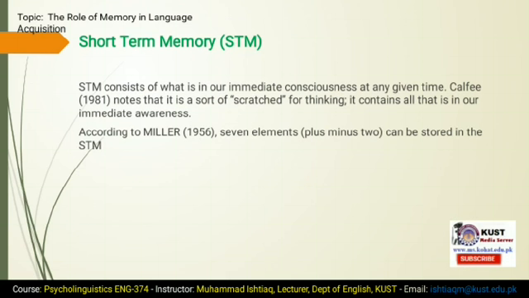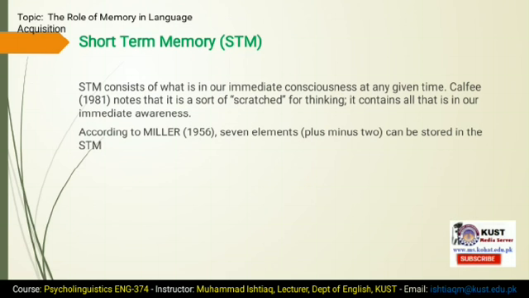Subconscious are those things which we can retrieve. Unconscious are those which can be retrieved with the help of some phenomena, not normally with the help of recalling. According to Miller, 1956, seven elements plus or minus two can be stored in the STM, short-term memory. Seven plus or minus two means that seven is the average.